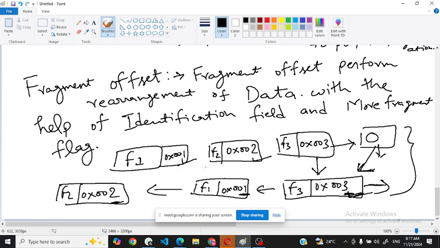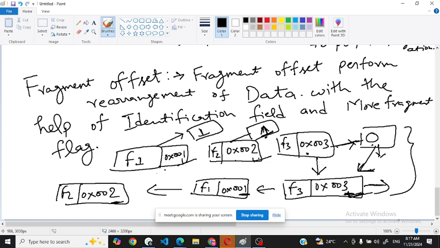So suppose that these are three fragments. For this fragment the fragment offset is 0. For this fragment it is 1. Sorry, the more fragment bit. For this one the more fragment bit is 0. For this fragment the more fragment bit is 1. For this the more fragment bit is 1.